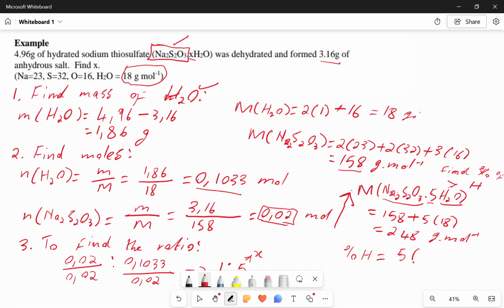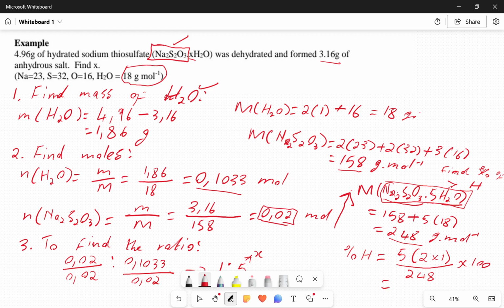I'm going to say 5 in brackets the molar mass of hydrogen, which is 2 times 1. Why am I saying 2 times 1? Because I have 2 hydrogen atoms multiplied by the molar mass of those hydrogens, which is 1, divided by the total molar mass of my substance here. So here I'm going to have 248, then I'll multiply all of this by 100.